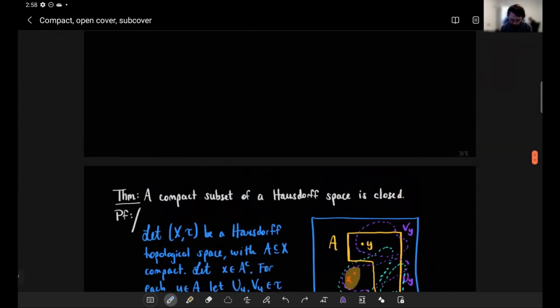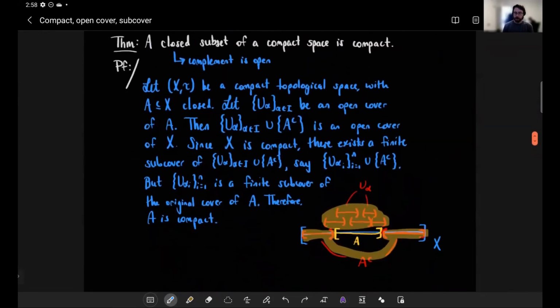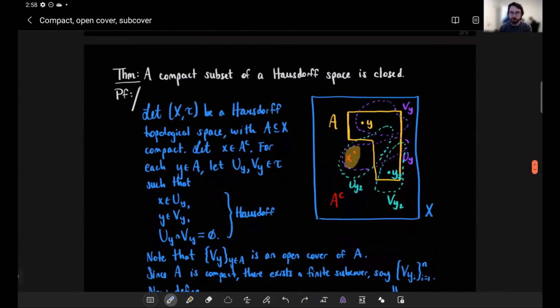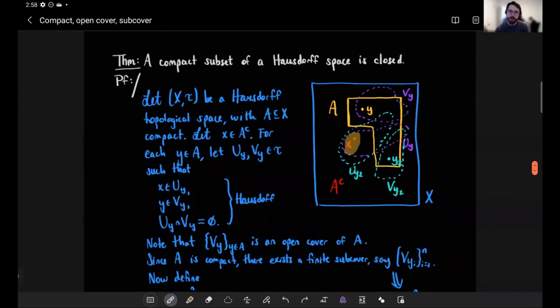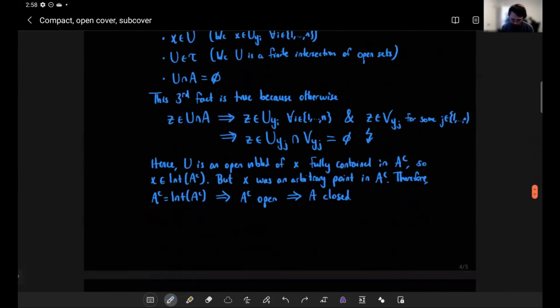Okay, so we have two tools so far. We know if you start with a compact space, any closed subset will be compact. And if you start with a Hausdorff space, any compact subset will be closed. What else can we do?